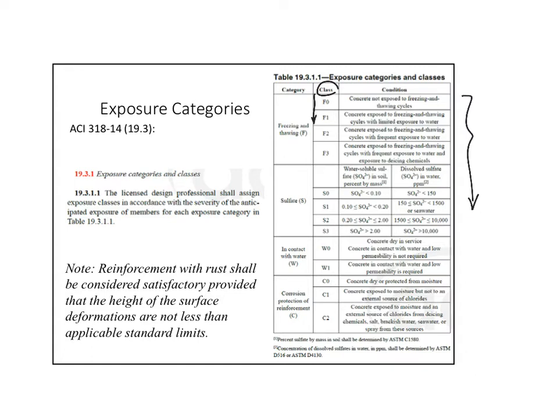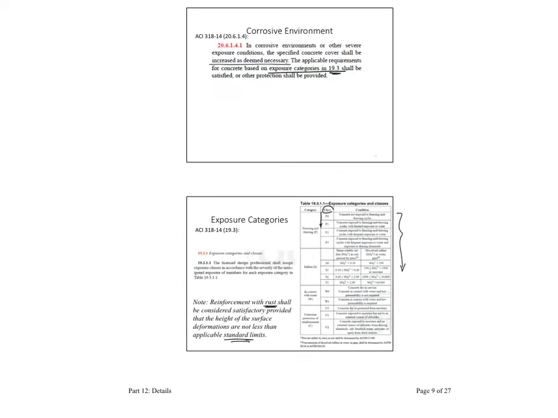Remember, that's an important note: reinforcement with rust shall be considered satisfactory, provided that the height of the surface deformations is not less than the applicable standard limits. And there are some standards to judge whether or not you have violations of the limit.